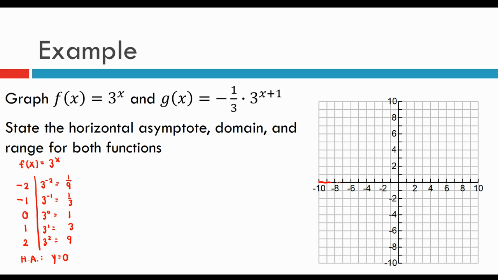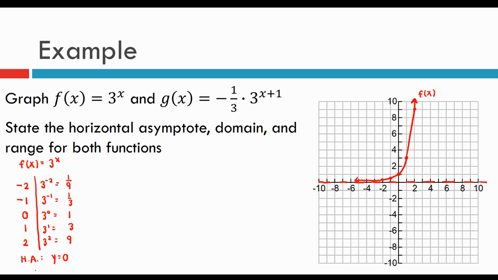So if I have my horizontal asymptote drawn in, I can plot my points. So we've got -2, 1/9; -1, 1/3; 0, 1; 1, 3; 2, 9. I'll label it f of x.